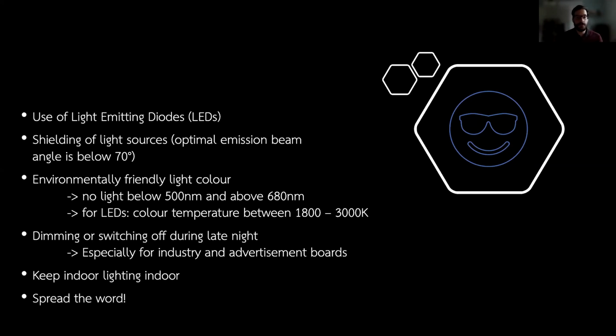And for LEDs, this means only use a color temperature of warm white LEDs, being below 3000 Kelvin, actually between 1800 and 3000 Kelvin. Yes, the efficiency of the LEDs is very, very slightly decreasing, also with decreasing color temperature. But here we have to think about what is more important. In fact, it's only a few percentage of change here.